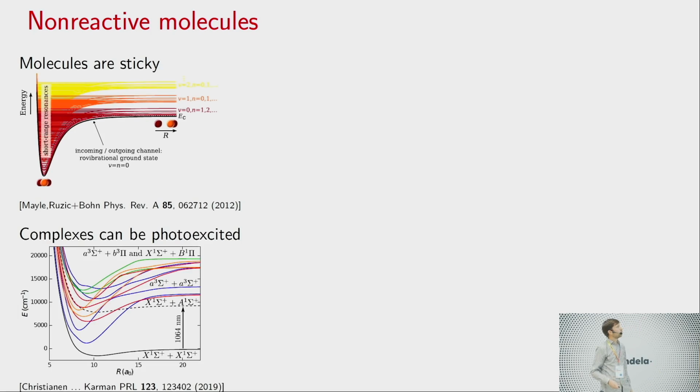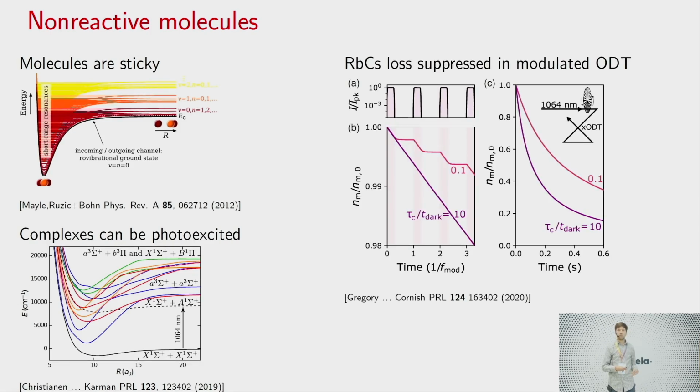We put forward the idea that the loss process may be excitation of the collision complex by the trapping laser, and this was partially confirmed by experiments on KRb and also rubidium cesium molecules. This is in Simon Cornish's group, where you modulate the optical trap and you see that the loss is reduced.